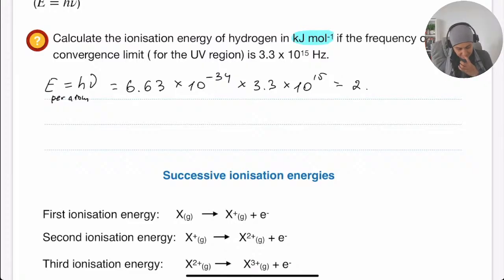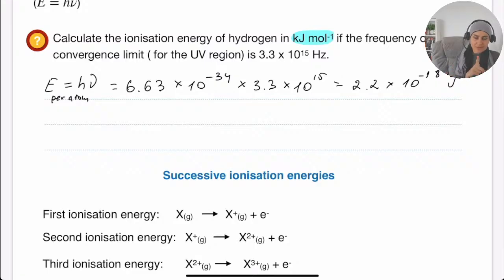I'll just do it to two significant figures. The calculator value is 2.1879, so I do 2.2 times 10 to the negative 18 joules. So that's how many joules I need to remove one electron from one atom.